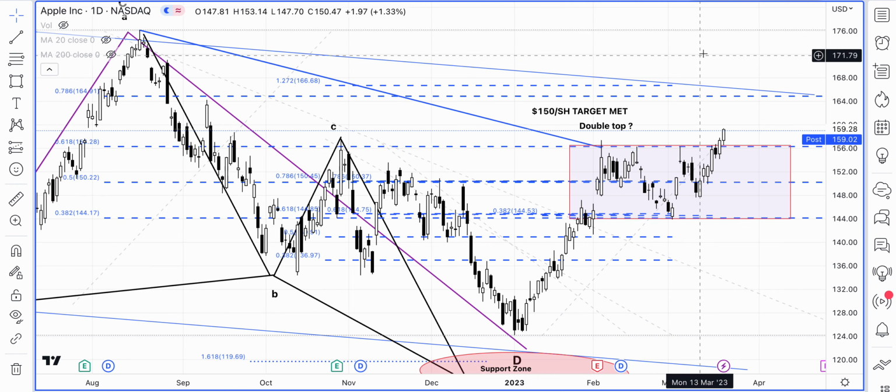And here, look guys, this is a nice breakout out of this trading range. So it looks like Apple could rally to 164, which is going to be good for the Dow Jones index, and also the NASDAQ, which looks pretty strong.